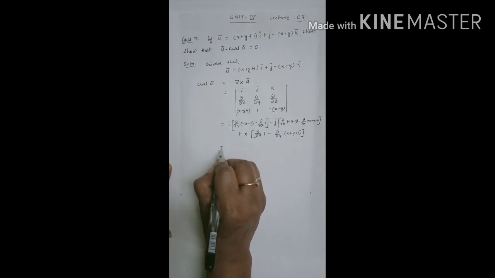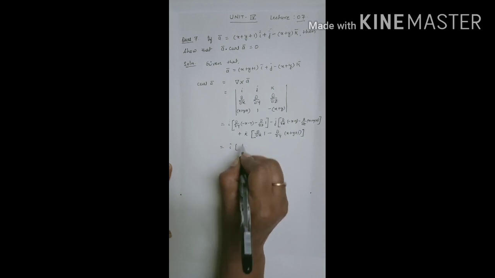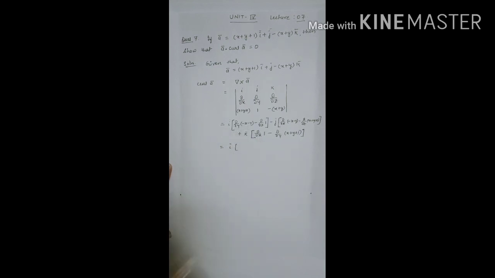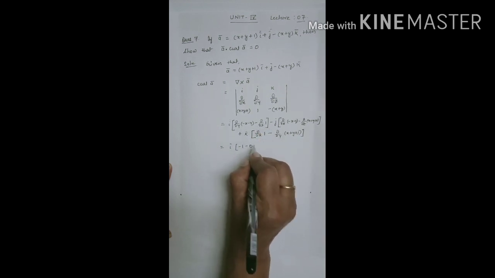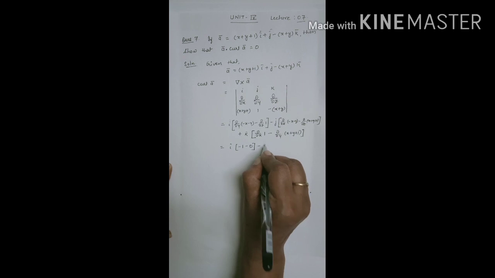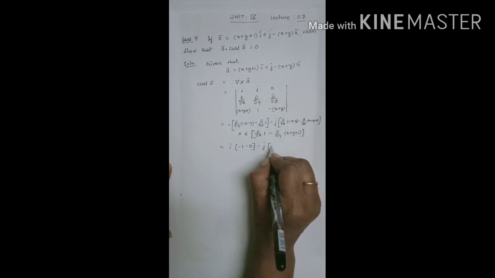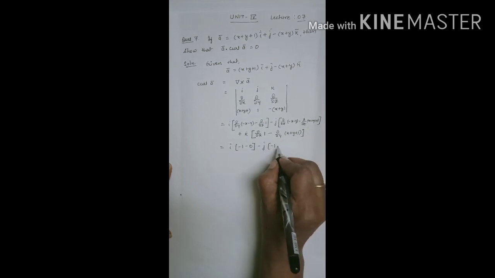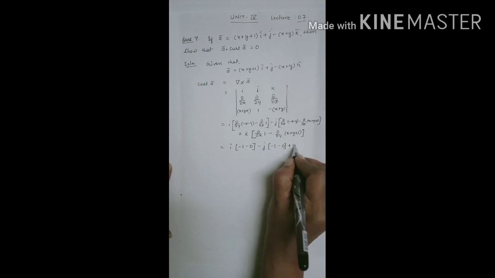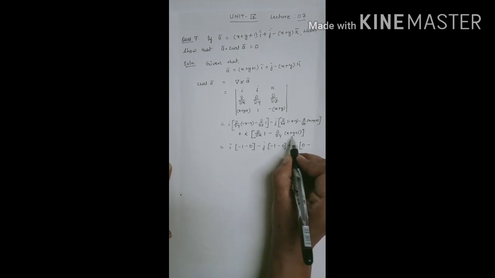So let's solve this. i times of del by del y of this will give you minus 1, del by del z of 1 will give you 0, minus j times of del by del x of minus x minus y gives you minus 1, and del by del z of x plus y plus 1 gives you 0, plus k times of del by del x of 1 equal to 0 minus del by del y of this gives you 1.